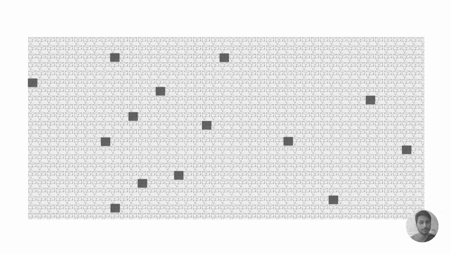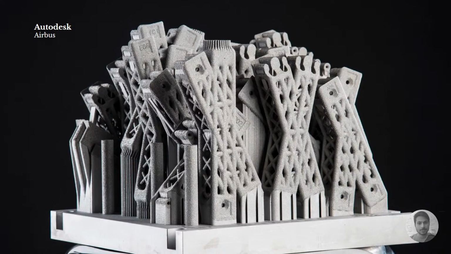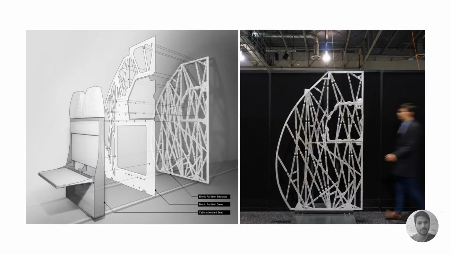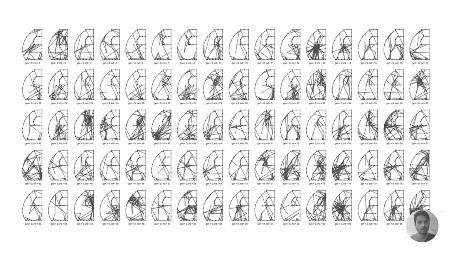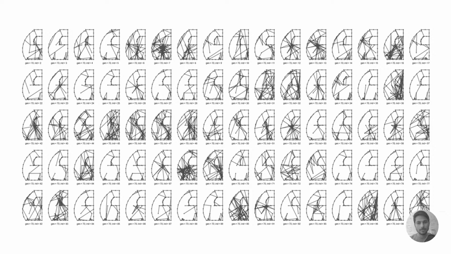It's really interesting. There is another project by Autodesk for Airbus where they designed, well, they evolved, I'm sorry, I'm using design, but they evolved a frame that was partitioning between the cabins, and they used evolutionary algorithms to come up with variations.